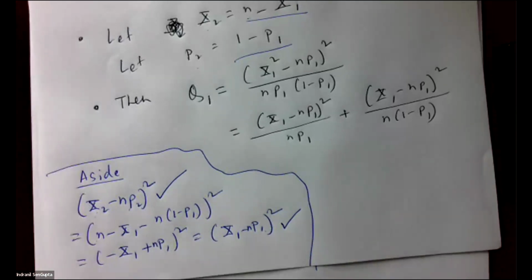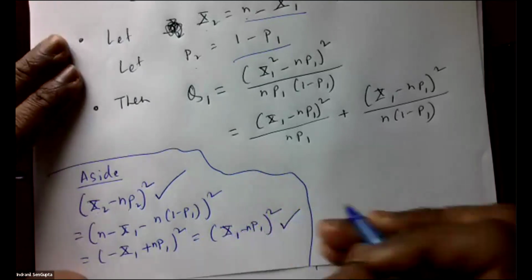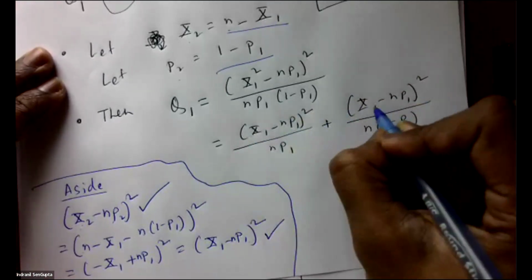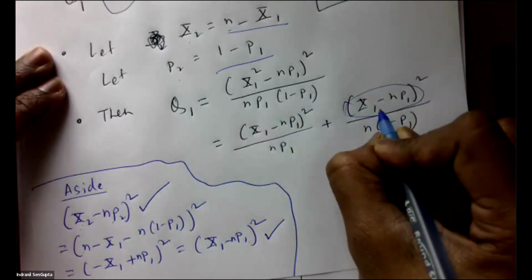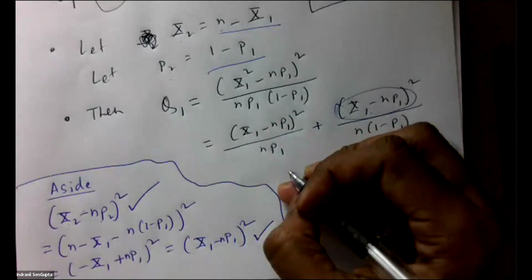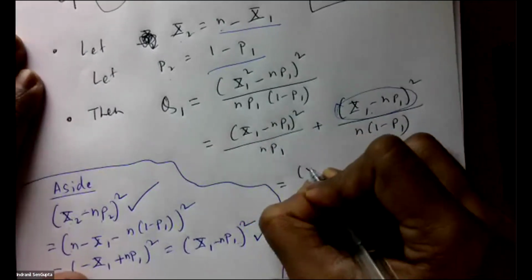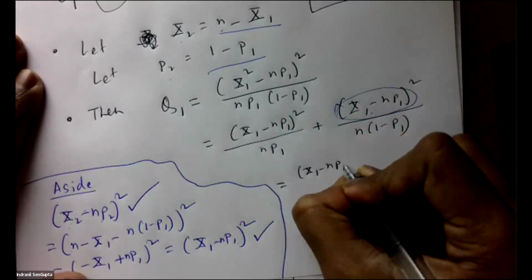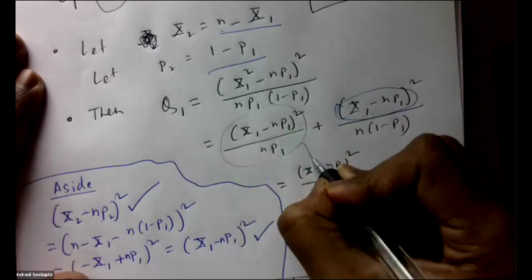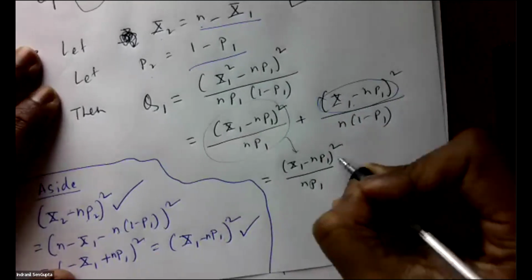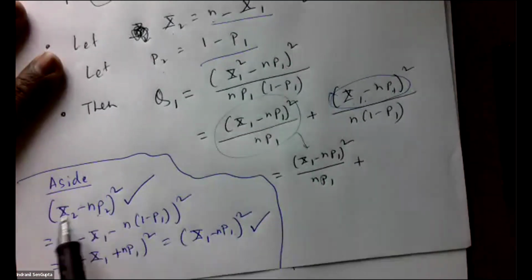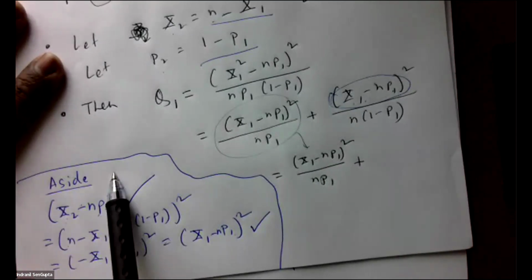Okay, let's plug it back here. There are two x1 minus np1 terms. For the second one, we'll replace it by what we obtained. So we write x1 minus np1 squared over np1, basically copying this. For the other, we replace x1 minus np1 by x2 minus np2 squared.